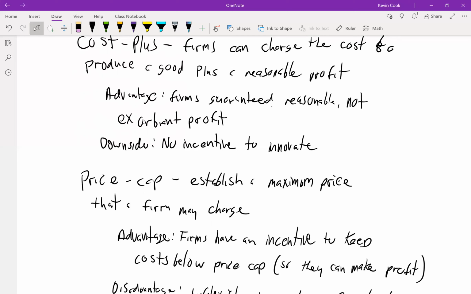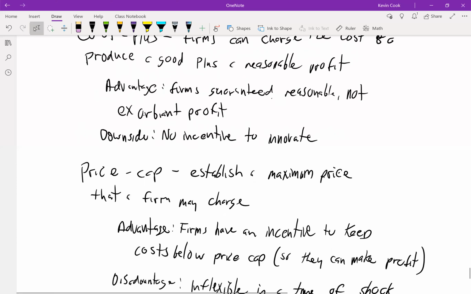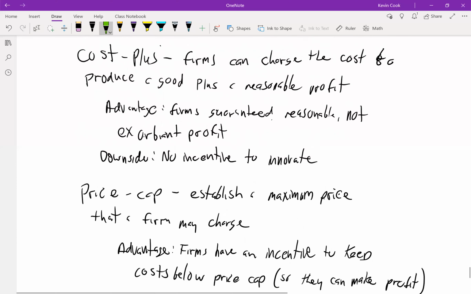I know they deal with a lot of stuff, but odds are they're not going to make $500,000 a year, and that's probably not their market value. So as we see with these two pieces of policy, again, cost plus and price cap.